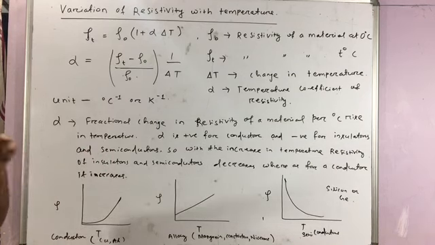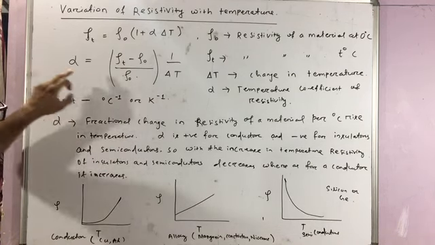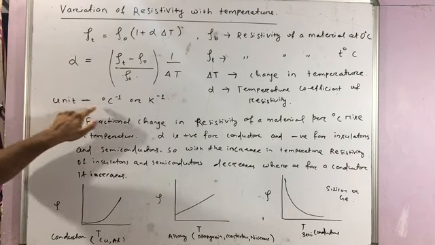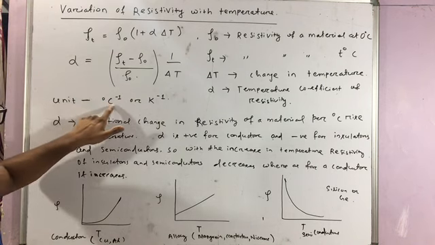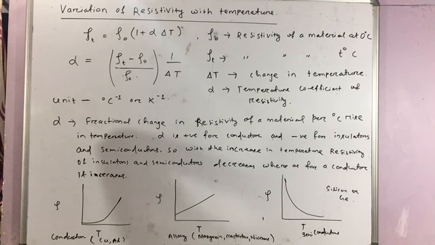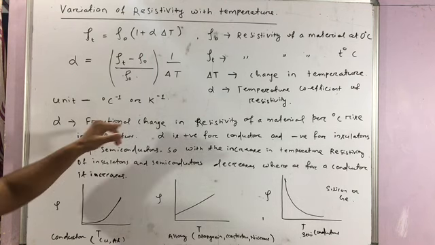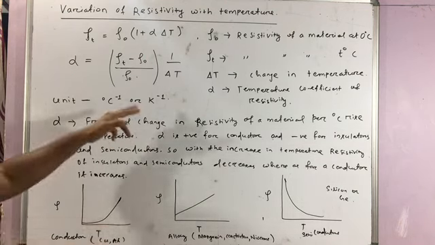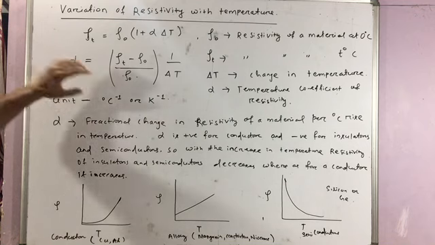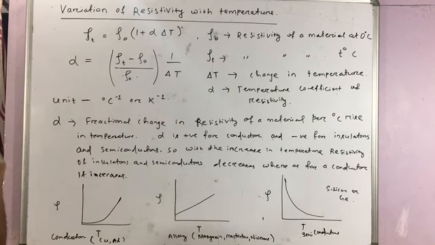Based on this definition, the unit of alpha is either degree Celsius inverse or Kelvin inverse. In SI it is Kelvin inverse, and the dimension is K minus 1.